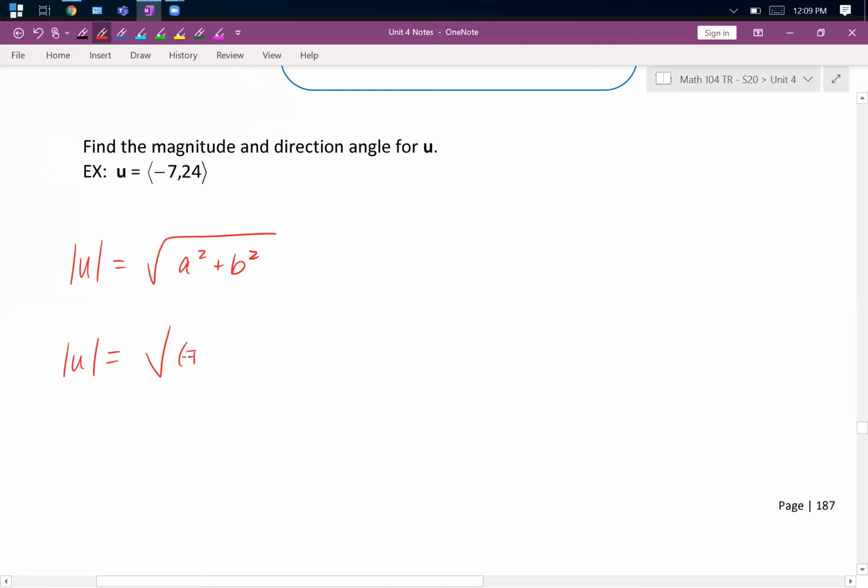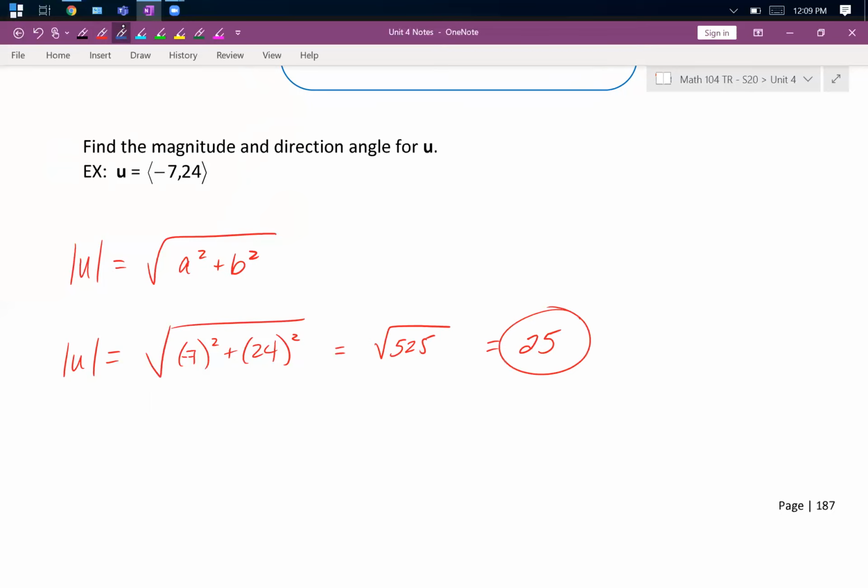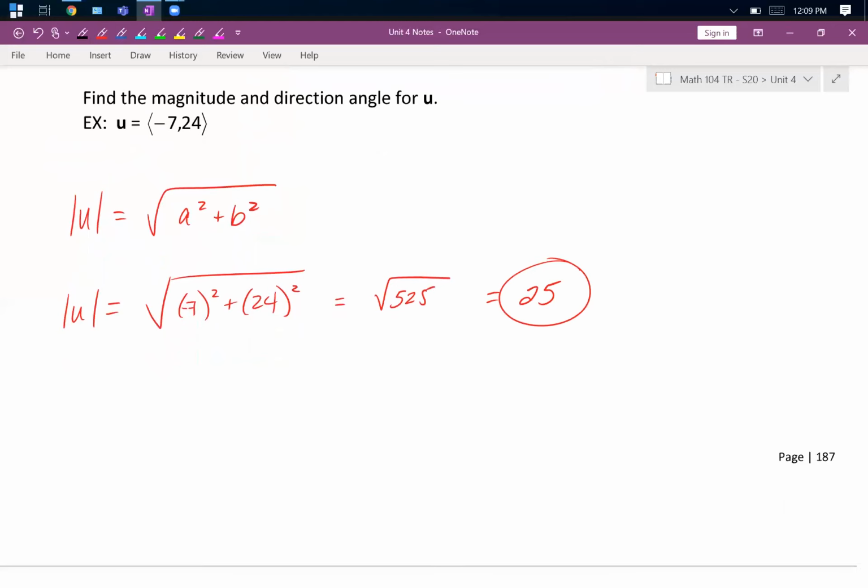That's going to be (-7) squared plus 24 squared, which is equal to the square root of 625, which equals 25. Everybody good with 25? Any questions?